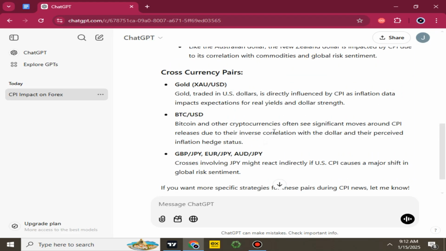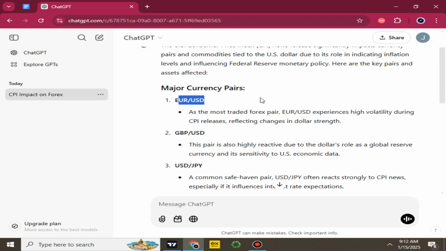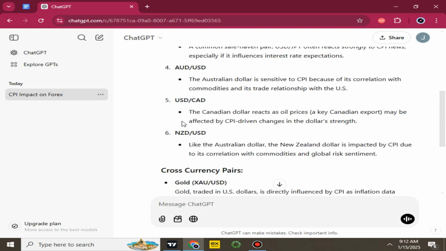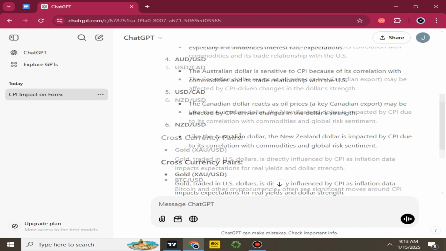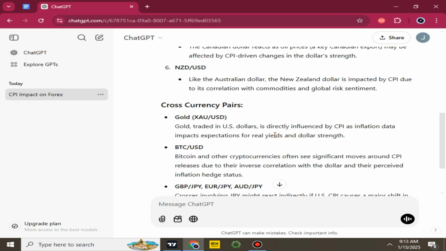So we've seen we have the major pairs: EUR/USD, GBP/USD, USD/JPY. I believe everybody knows that those pairs get affected by CPI. But at the same time, I think those cross pairs usually move crazy compared to the major pairs. I don't know if you guys have noticed, right?